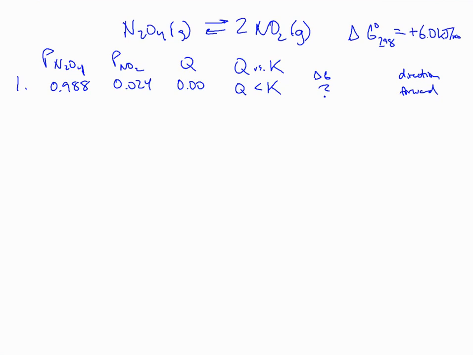Let's look at, how about line 4? Partial pressures, 0.799, 0.403, and we need to find Q. Again, using that same equilibrium expression.